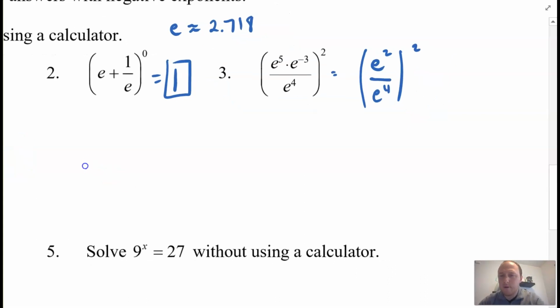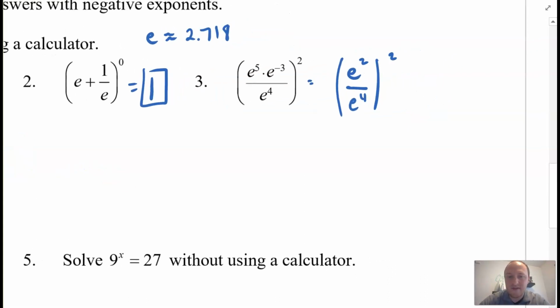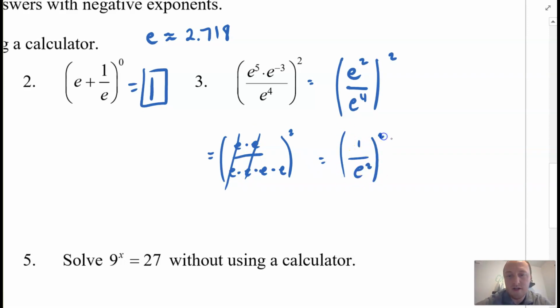Okay, now a couple of ways you can simplify this, and I think the easiest way is to think about it like this: this is e times e over e times e times e times e, and what you have is 2 of the e's canceling out. So this is 1 over e squared, okay?